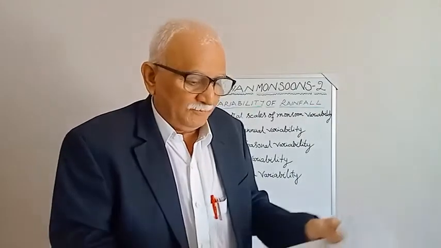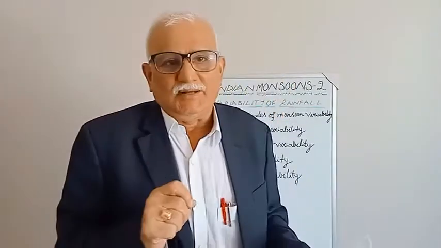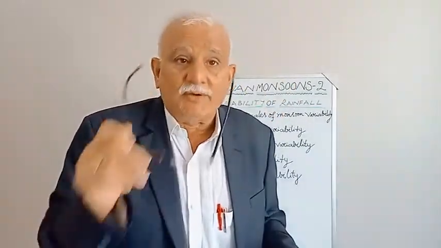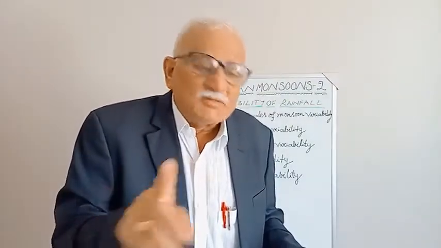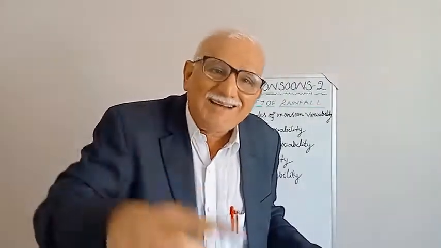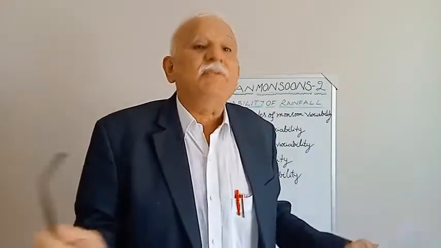Now, see, the daily monsoon rainfall shows the highest variability of 60 to 70% during the onset, 4th of June, sometimes even 25th of May also.